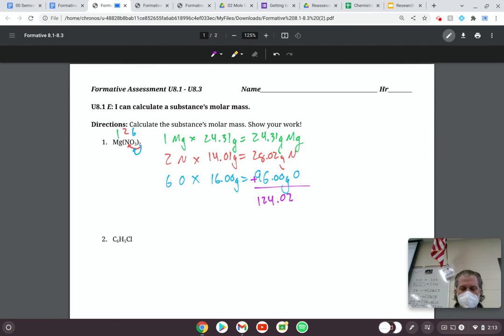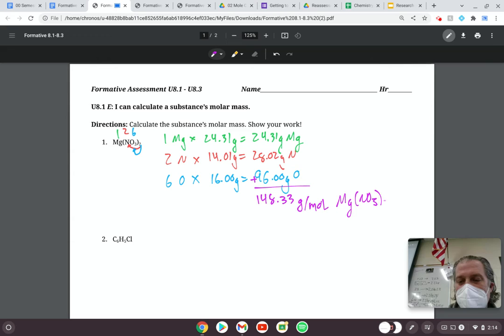24.31 plus 28.02 plus 96. That looks more like it. Should have been 148.33 grams per mole, and that's going to be of Mg(NO3)2.